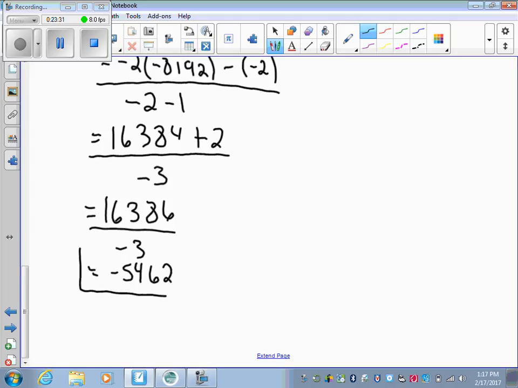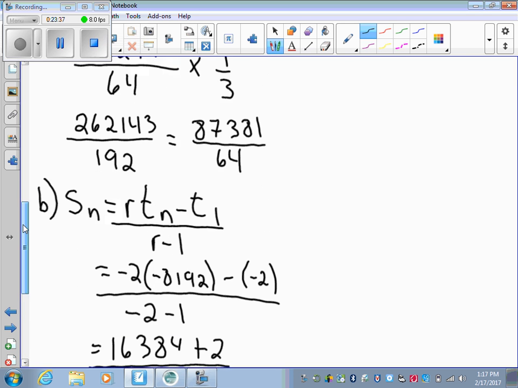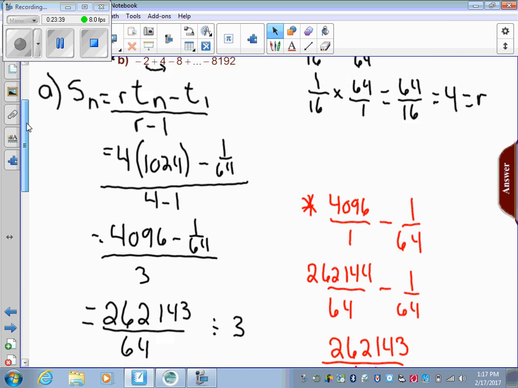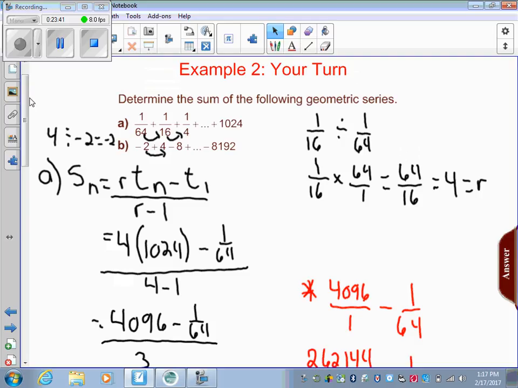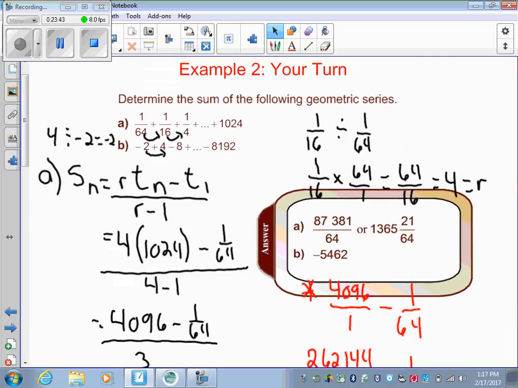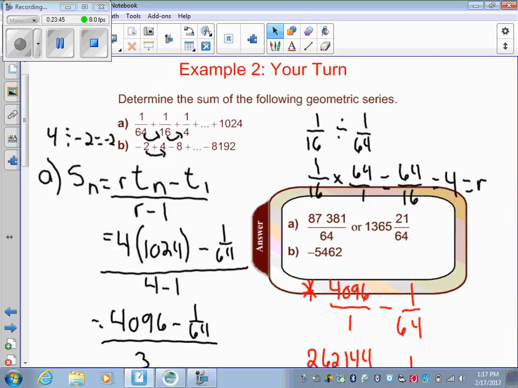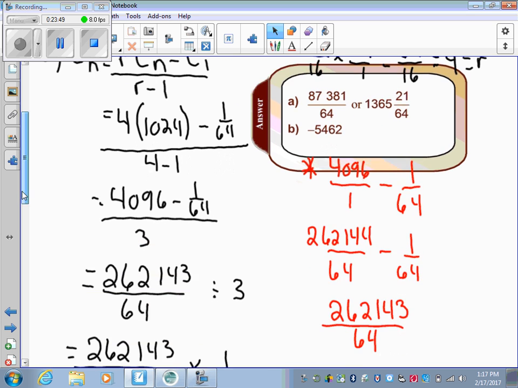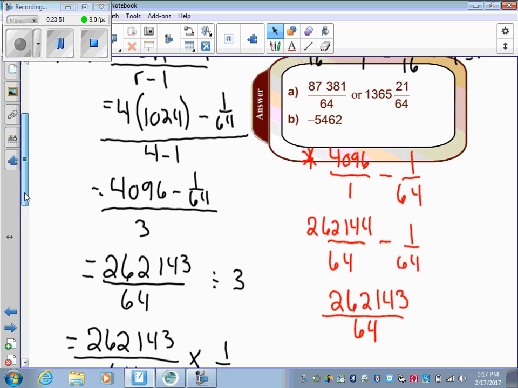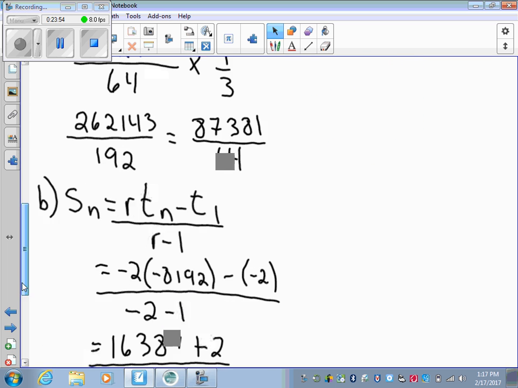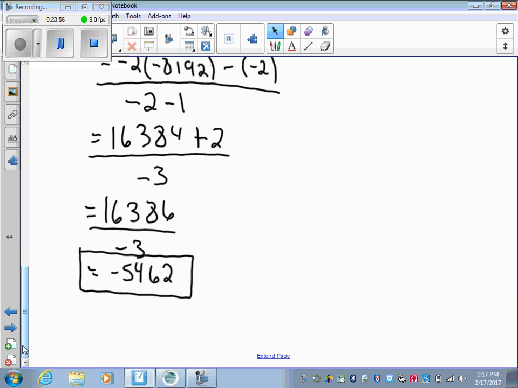Final answer. Let's just double check to see if that's what they're calling for in the answer, please. Got those. 87,381 over 64 and negative 5,462.